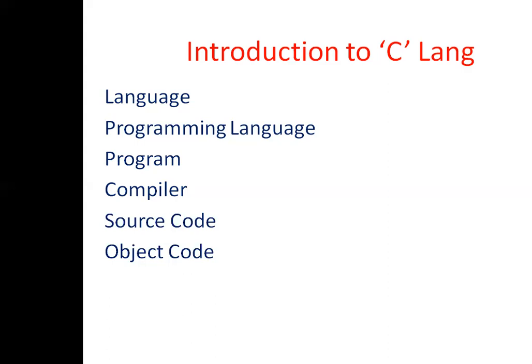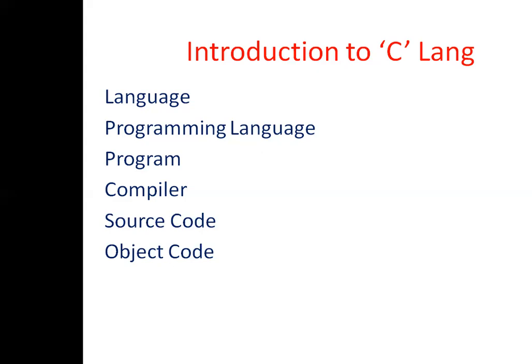That code is called object code, which is generated by the system itself after compilation. Whatever program we write using C, Python or Java language, that program or code is called source code.